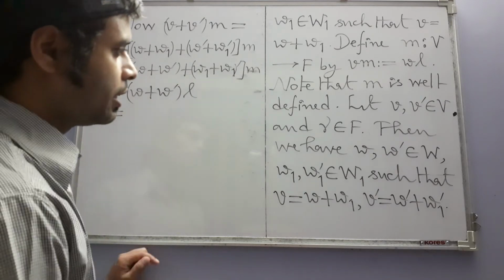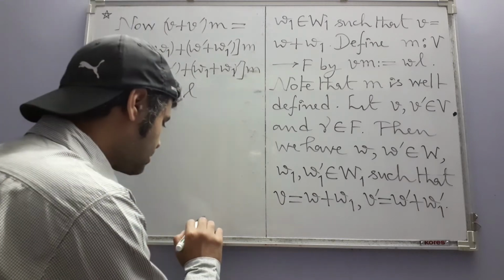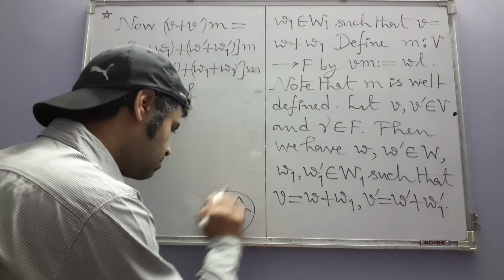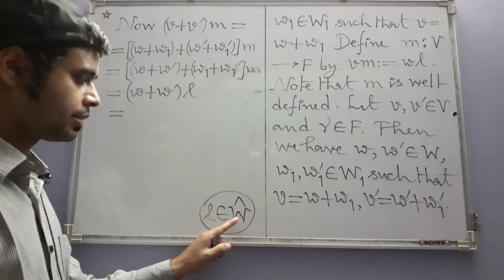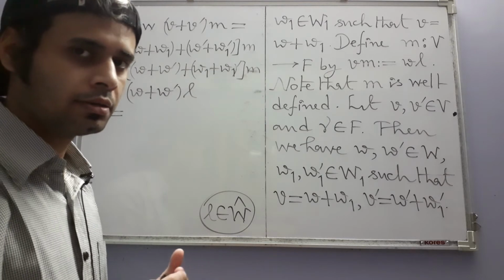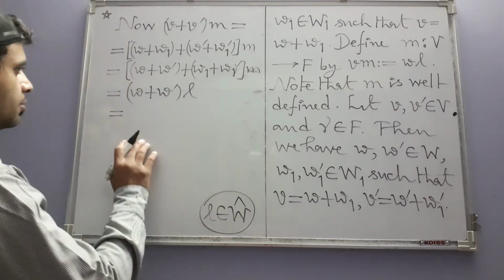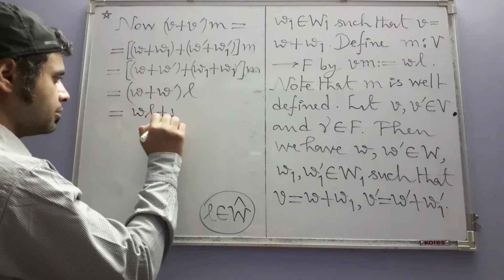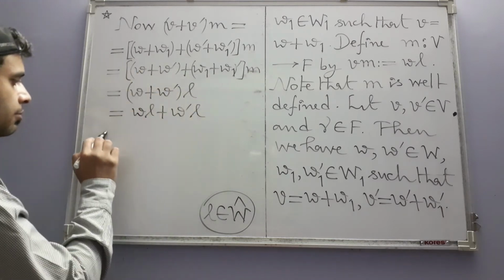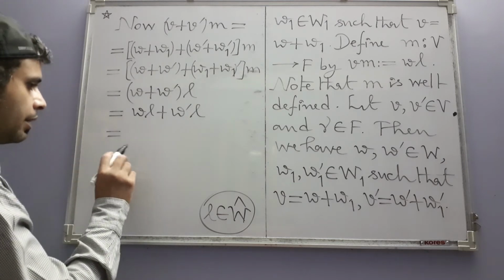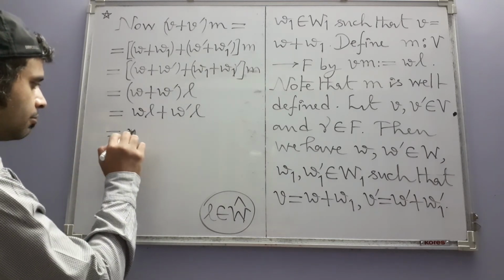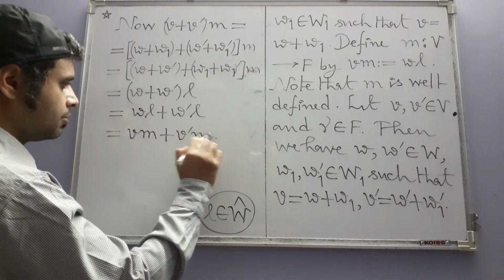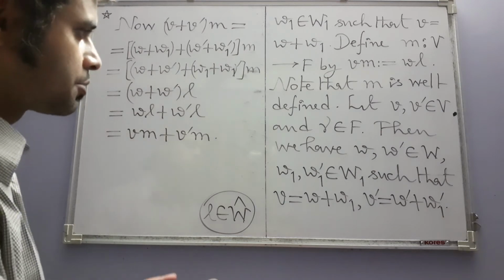But where is L coming from? Do not forget that we have taken L from W hat. So that means L is a linear functional on W. And these things are coming from W. So L respects addition. And this thing is again by definition of M, vM, whereas this one is v prime M. So that's how M respects addition.